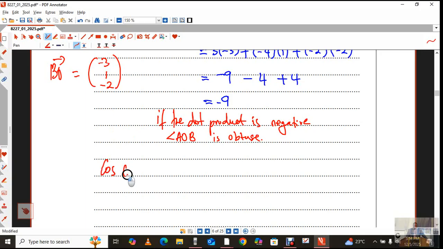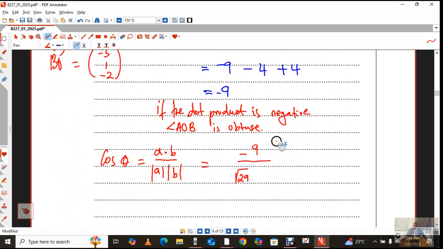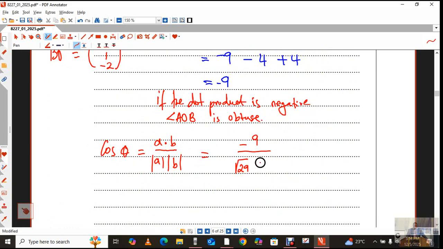If you want to find the angle, you use cos theta is equal to A dotted with B over the magnitude of A times the magnitude of B. I have my dot product of the two, which is negative 9. I know that I have the magnitude of one as square root of 29, if I was not mistaken, and the other one is the square root of 14 times the square root of 14.